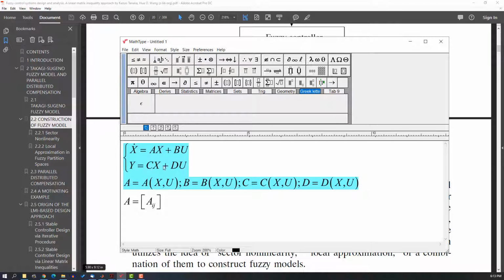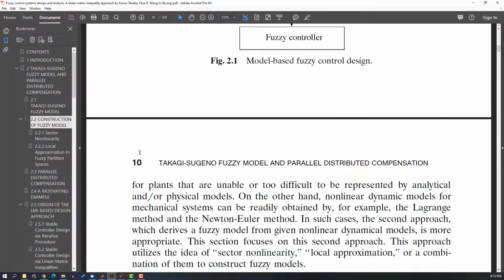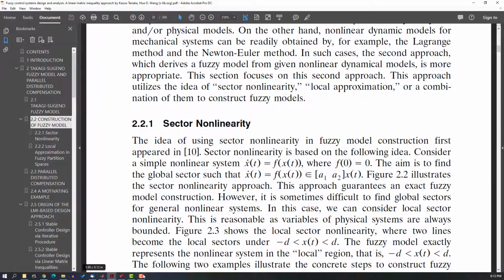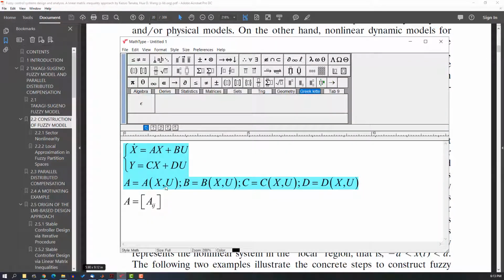This means that you already have something like this. So when you have something like this, you have a chance to create a set of invariant state-space systems, exactly like what I mentioned before.